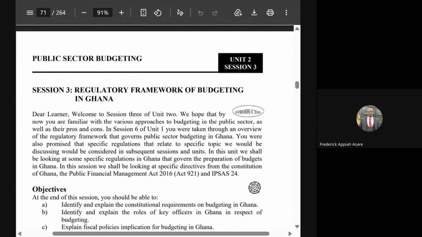Yes, any question? Kindly ask. Please, sir, does it mean that if you are preparing an incremental budget, whatever you have done last year is supposed to be repeated? Yes, that is the explanation to it.